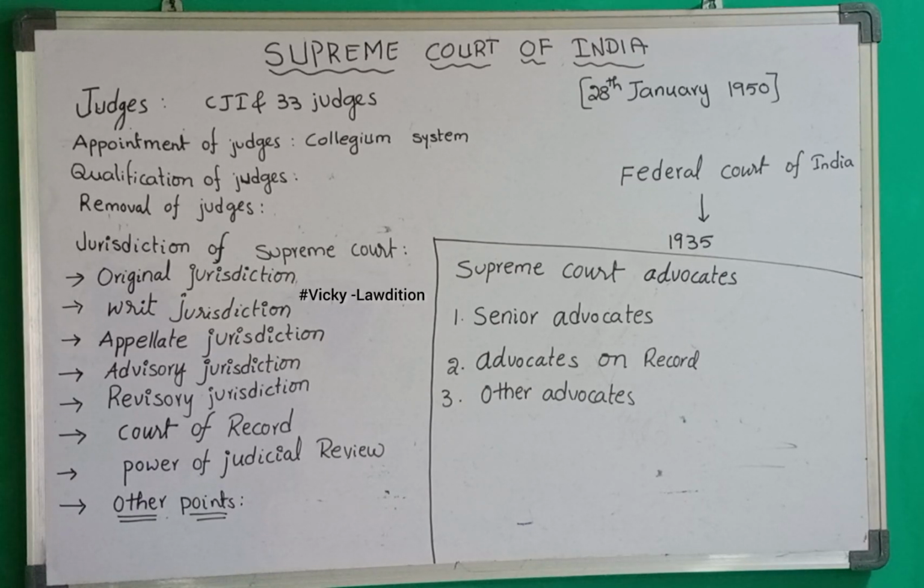The other judges are appointed by the President after consultation with the Chief Justice and such other judges of the Supreme Court and the High Court as he deems necessary. The consultation with the Chief Justice is obligatory in the case of appointment of a judge other than the Chief Justice.